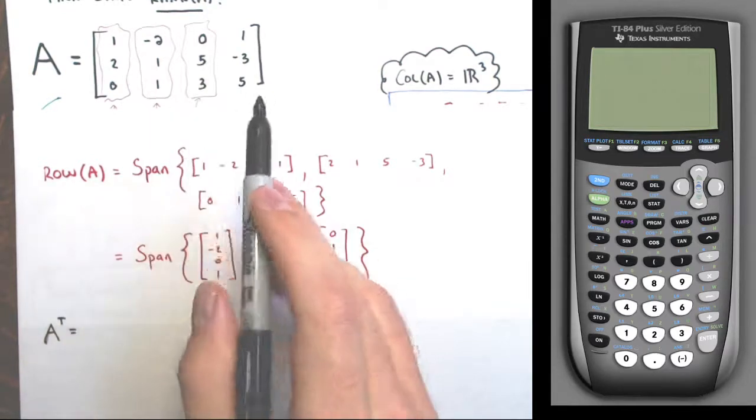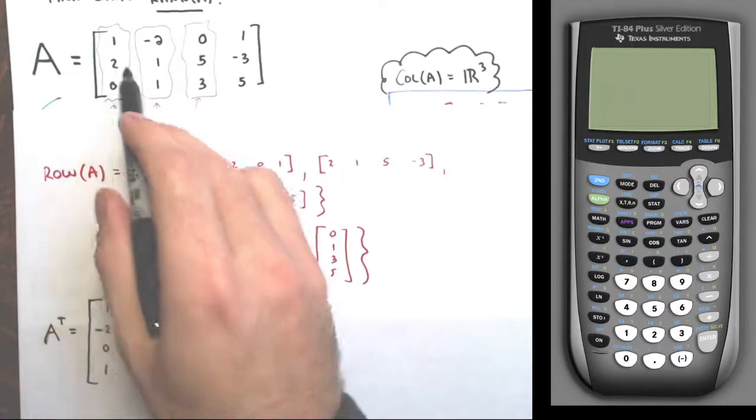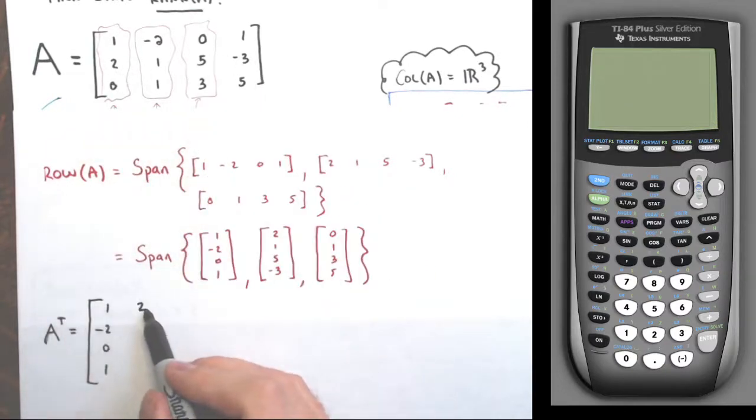So there's a 3x4 matrix. A transpose would be a 4x3, with the first row being the first column, the second row being the second column, the third row being the third column.